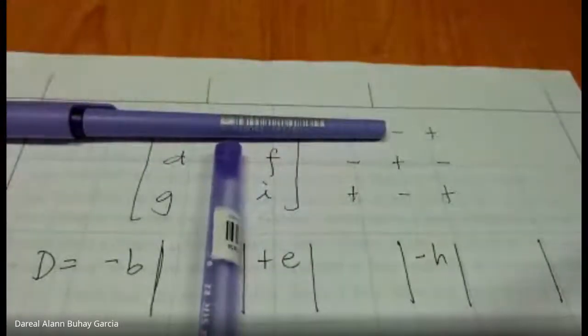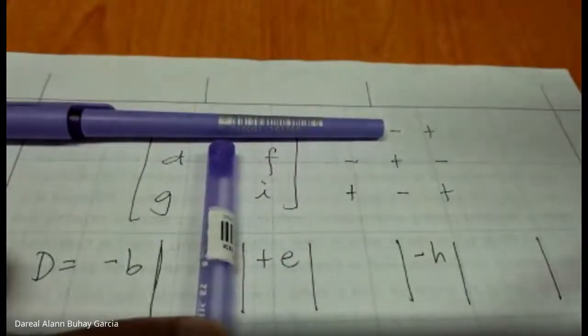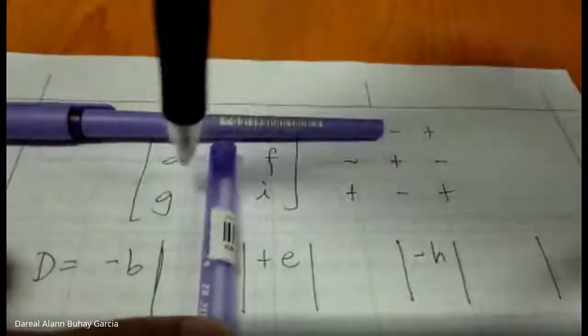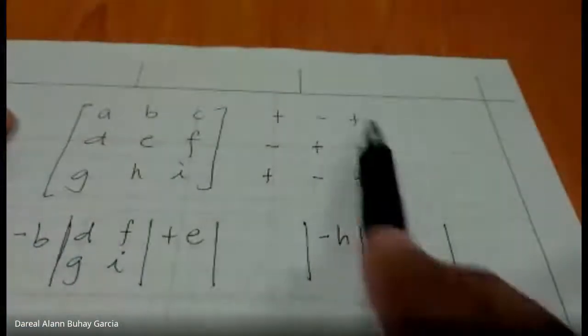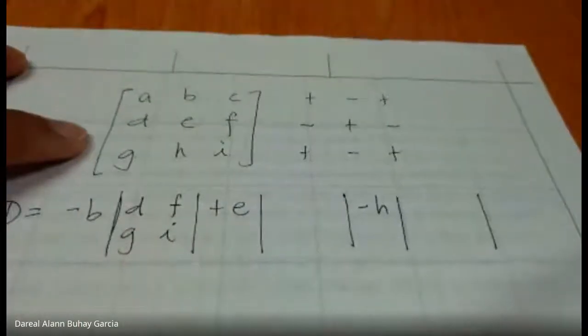Unsay nabilin? D, F, G, ug I. Yung submatrix, D, F, G, ug I. So, di na to magamit ang mga signs. Kato lang sa kung unsa nga column or row atong pilion.